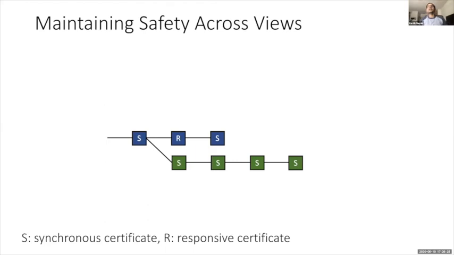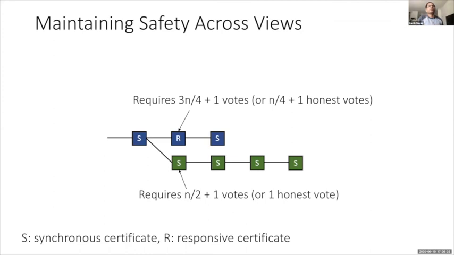The underlying certificates or this notion of using multiple votes can happen for conflicting blocks. Specifically, we can have one replica receiving 3/4, or 75% votes for a block, and some other honest replica receiving just a synchronous certificate or fewer votes for a conflicting block.